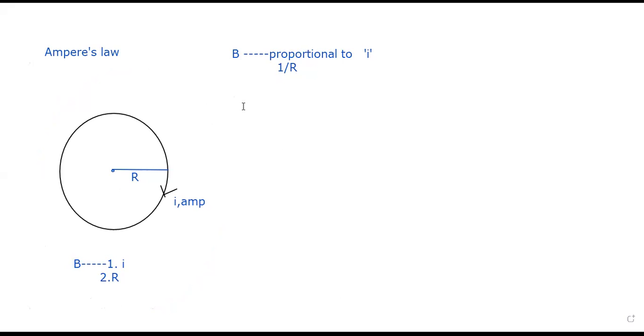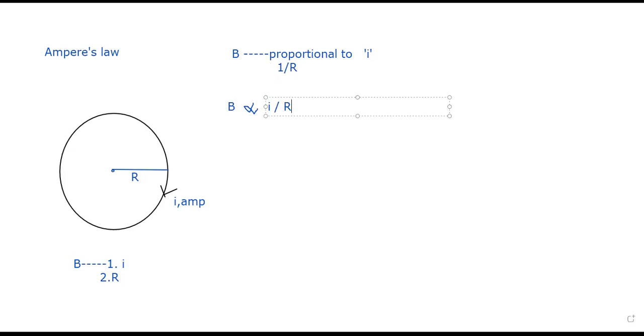When you combine these two, the magnetic field is directly proportional to current, so this is I, and inversely proportional to R. So I will write 1 by R here.